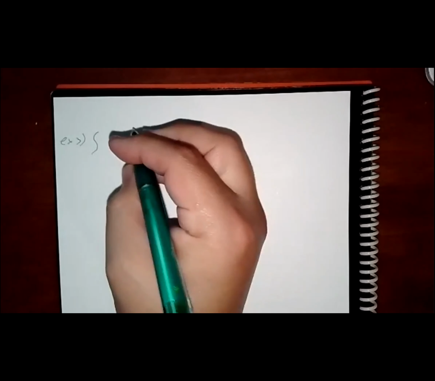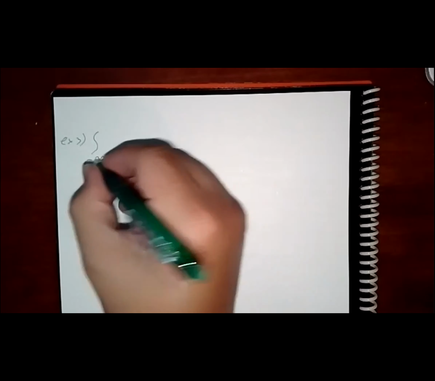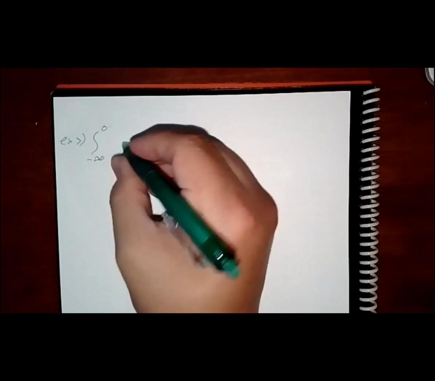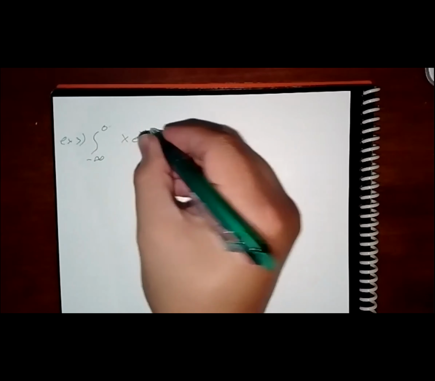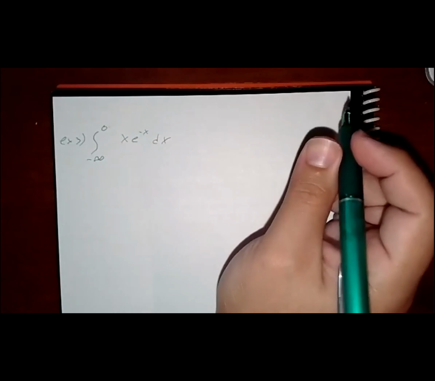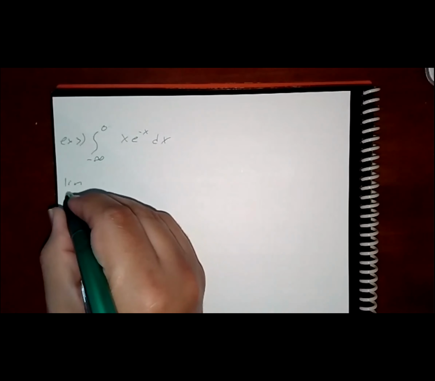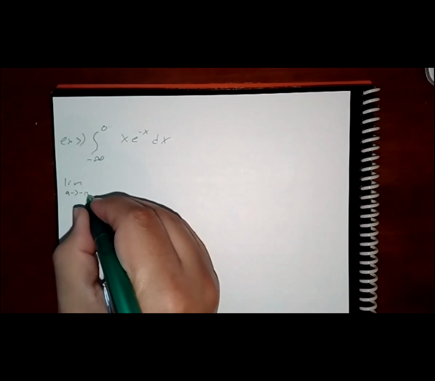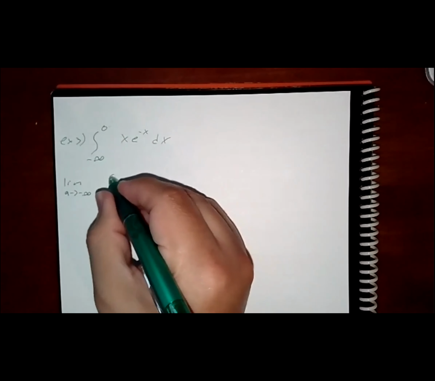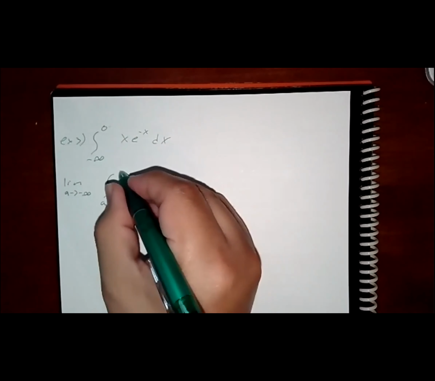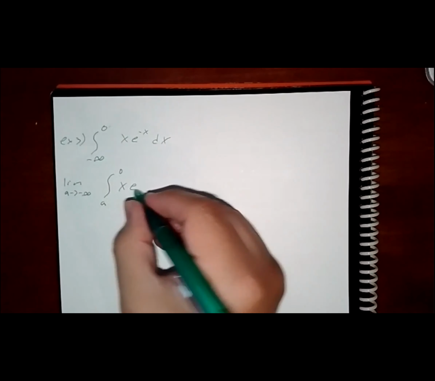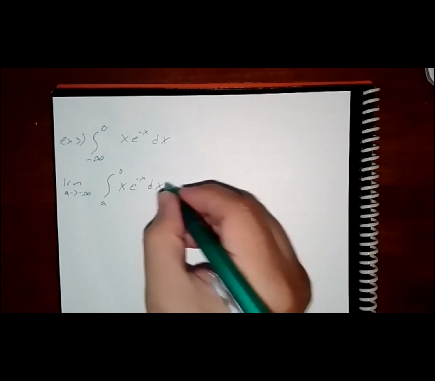So this is the integral from negative infinity all the way to 0 of x e to the negative x dx. So this is rule number 2. So let the limit as a goes to negative infinity of the integral from a to 0 of x e to the negative x dx.